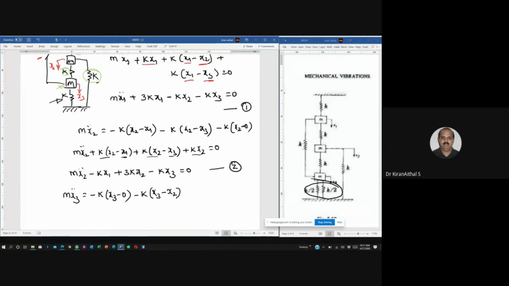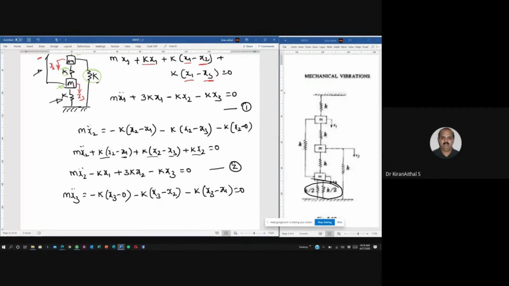Then the last one I have got here is one more spring connected with this, that is minus k into (x3 minus x1) is equal to 0. Okay, so this is how it works out now.